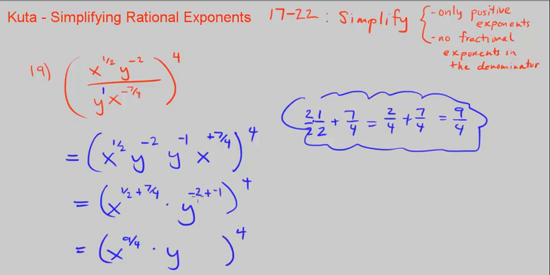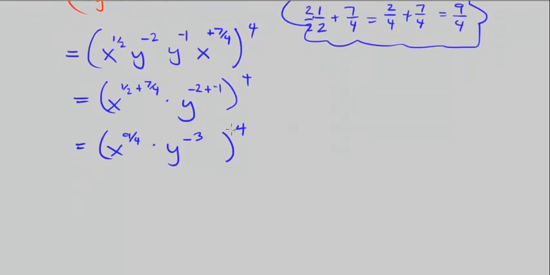So let's find out what negative 2 plus negative 1 is: negative 3, okay? Now we can distribute this 4. 9 over 4 times 4 over 1. Well, 9 over 4 times 4 over 1, we can go ahead and say 9 times 4 is 36, and 4 times 1 is 4.